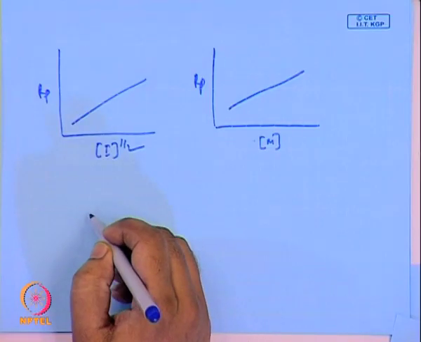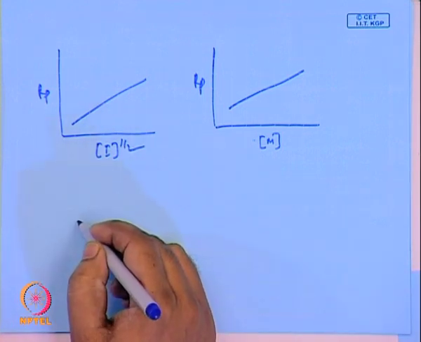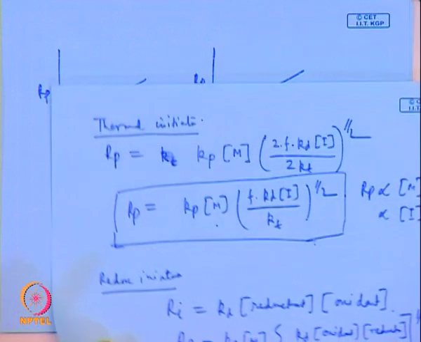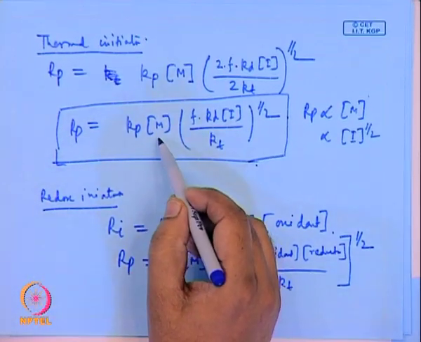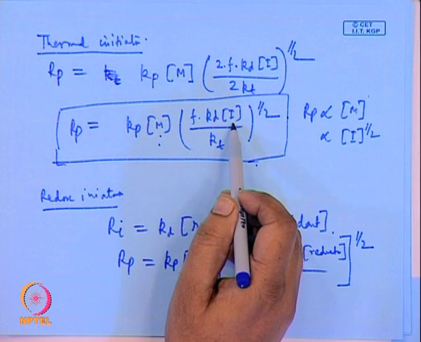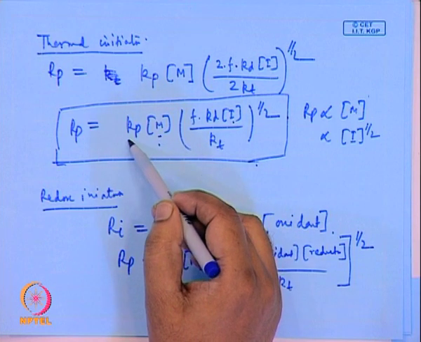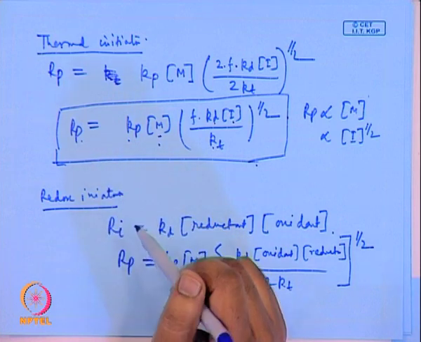So, again, if you go back to this expression, besides the concentration of monomer and concentration of initiator, these will also determine your rate of polymerization.